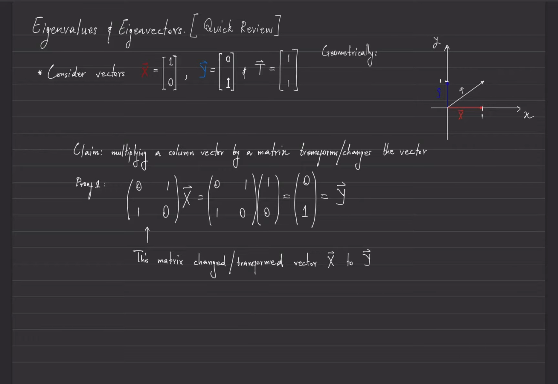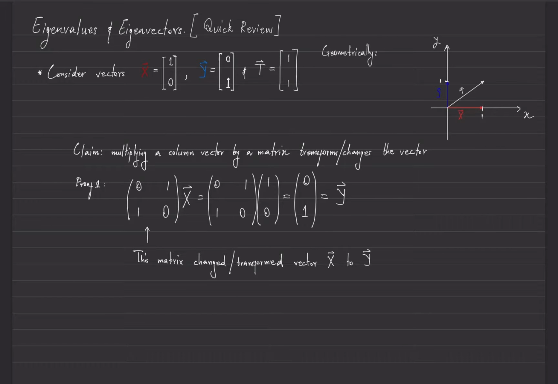So anytime we take a column vector and multiply it by a matrix, the result is that the column vector gets changed or transformed.